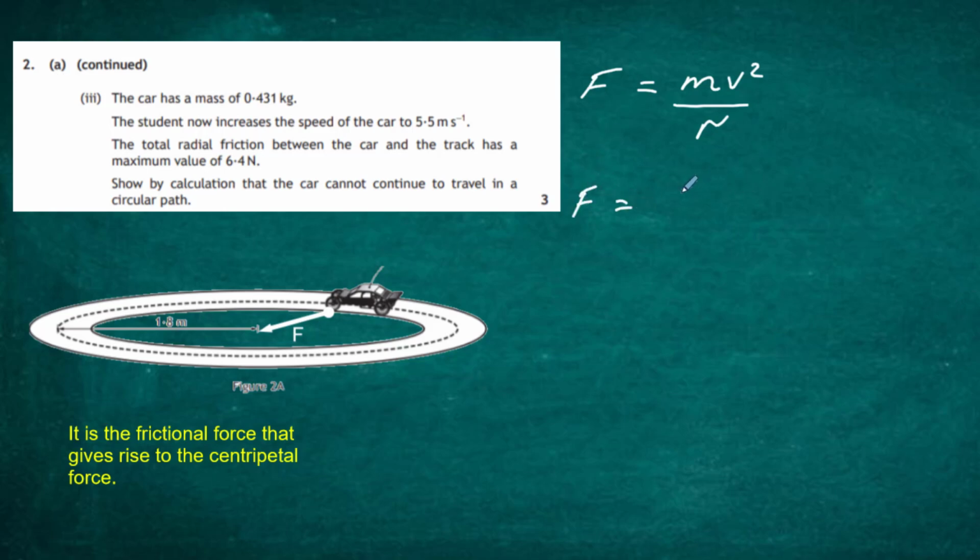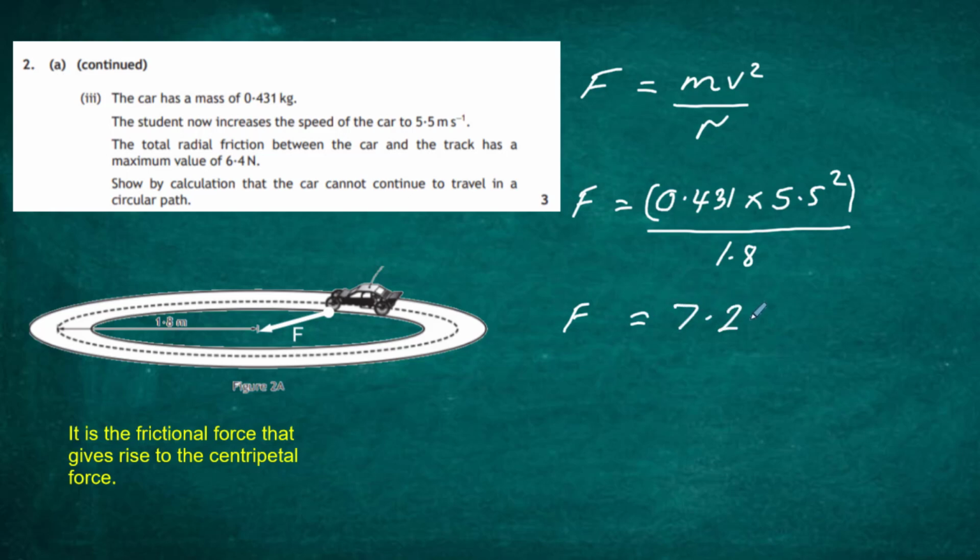F equals the mass, which is going to be 0.431, multiplied by the speed of the car, which is now 5.5 meters per second, and we'll square that. Put a bracket on the top, and we're dividing that by the radius of the track, and the radius of the track is 1.8 meters. So we do that calculation, we end up with a value of 7.2 newtons.